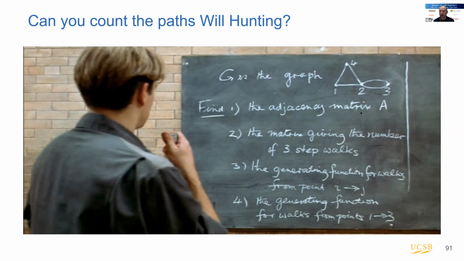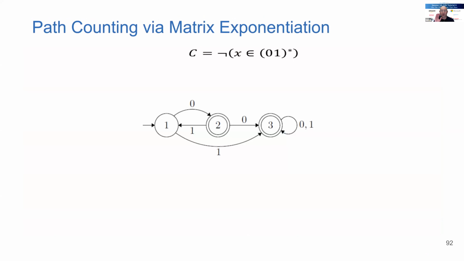In the movie, you see this problem, and the challenge the professor posts to students is actually this path counting problem. He's very surprised when somebody solves it. That's one of the movie plots. So this is exactly the problem we want to solve, path counting, and Will Hunting is able to solve it. So we'll do exactly what Will Hunting does.